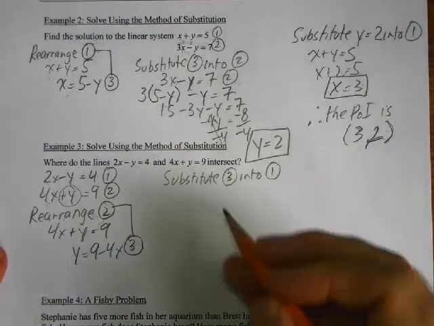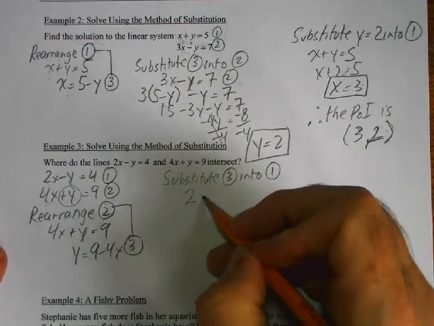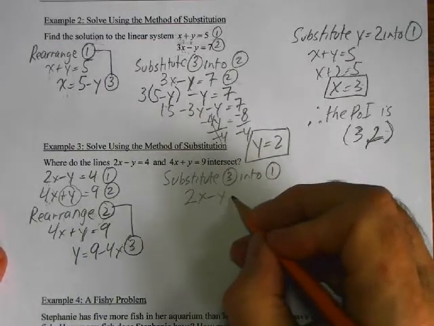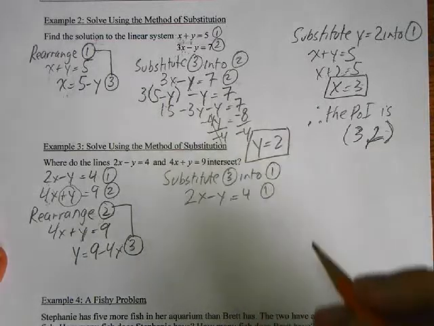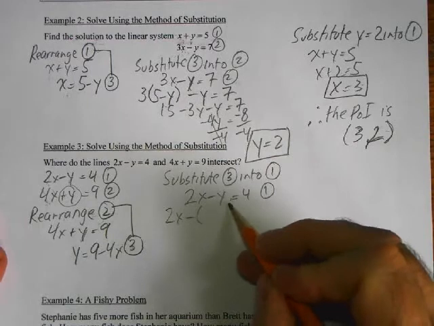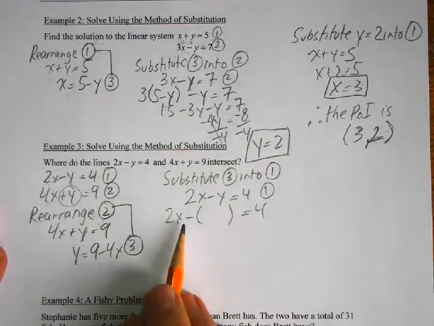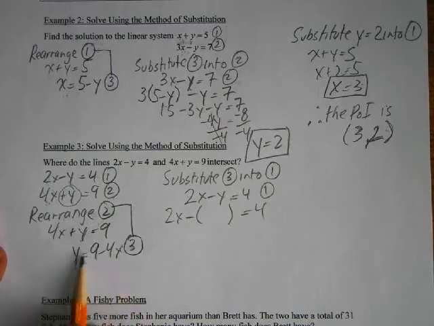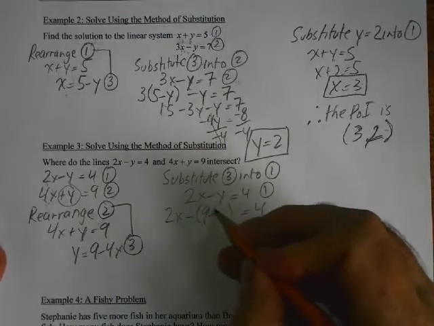So I'm going to start off by rewriting equation 1 again. 2x minus y equals 4. And now I'm going to just put some empty brackets where the y is. 2x minus empty bracket equals 4. What's y equal? 9 minus 4x from the other equation.